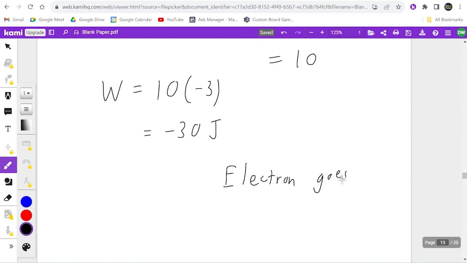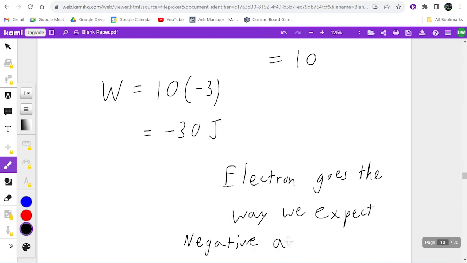Electron goes the way we expect. It's going to a higher voltage. It's going to a more positive charge. So for that reason, we need a negative answer. It looks like this time the signs were right. It is negative 30 joules, but I never trust that based on the work alone.